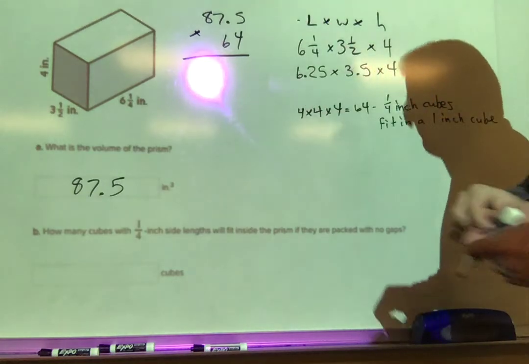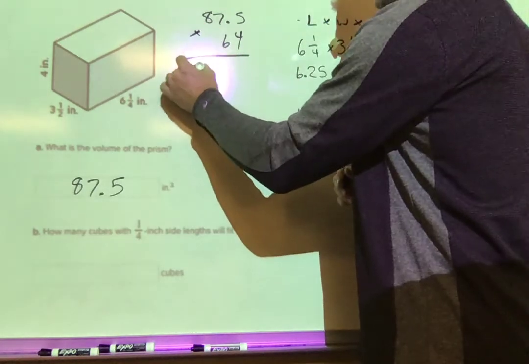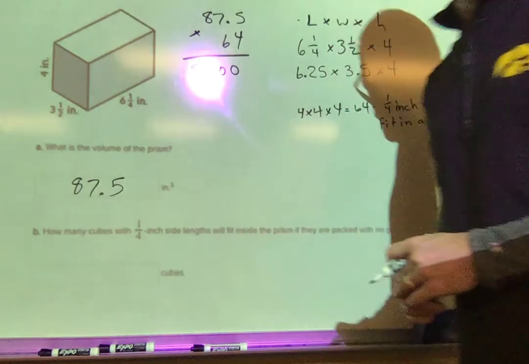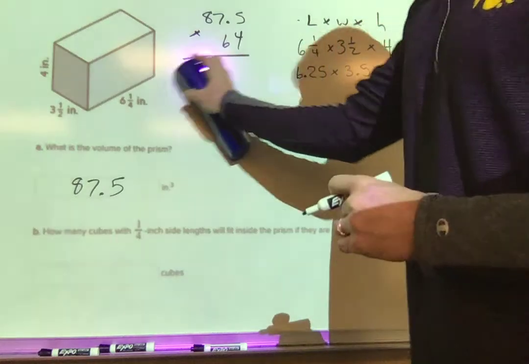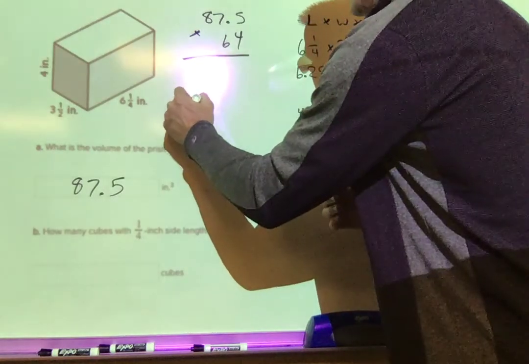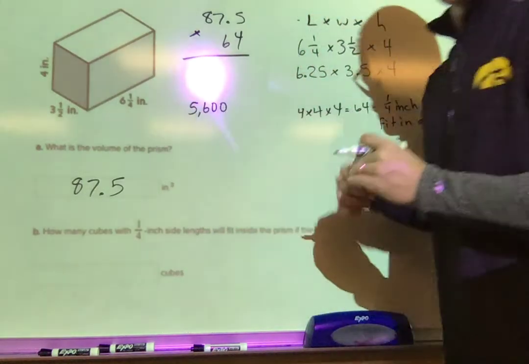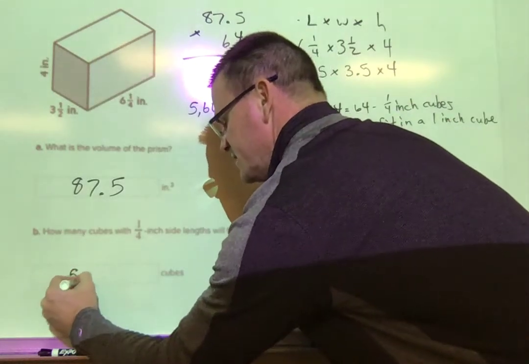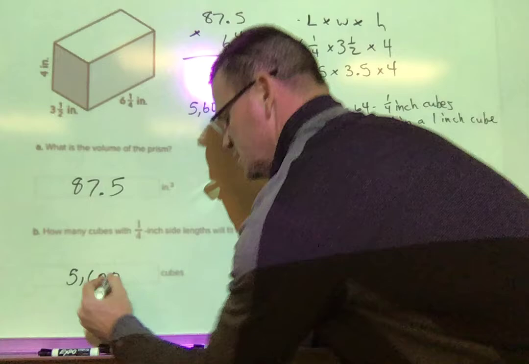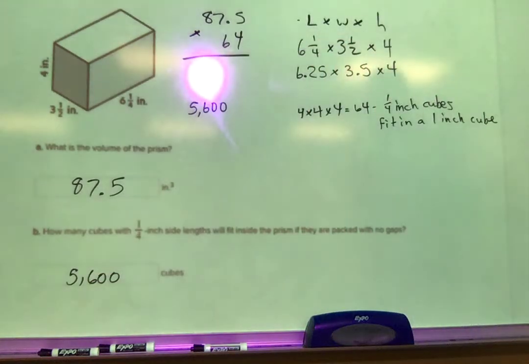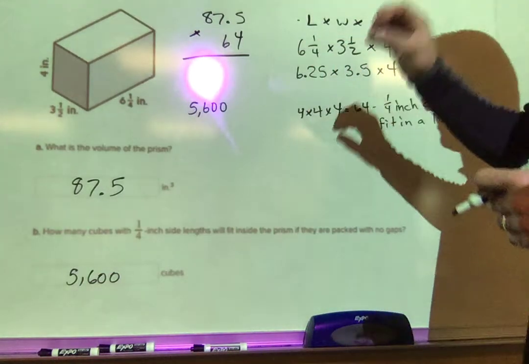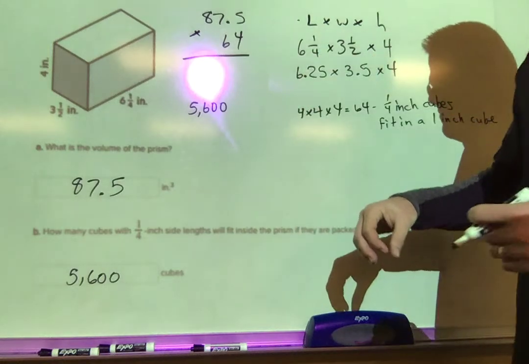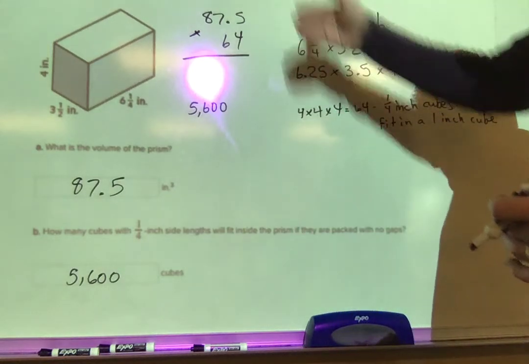And if I did all the work, and I'm not going to show it, I'd use a calculator, I'd get 5,600. And that would be my answer of how many of those 1/4 inch cubes. Some people understood it that way, that there's 64 of those little ones that fit into every one. So we need to increase this 64 times greater.